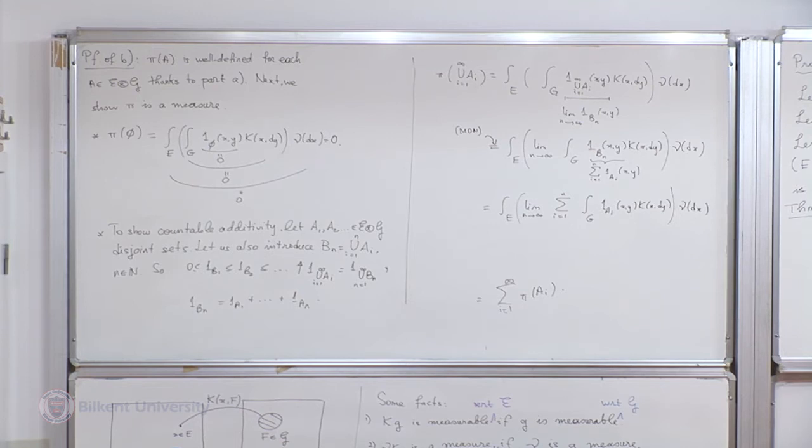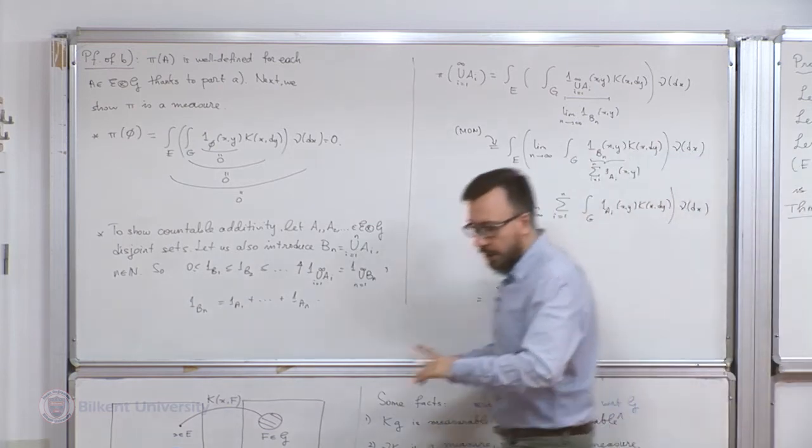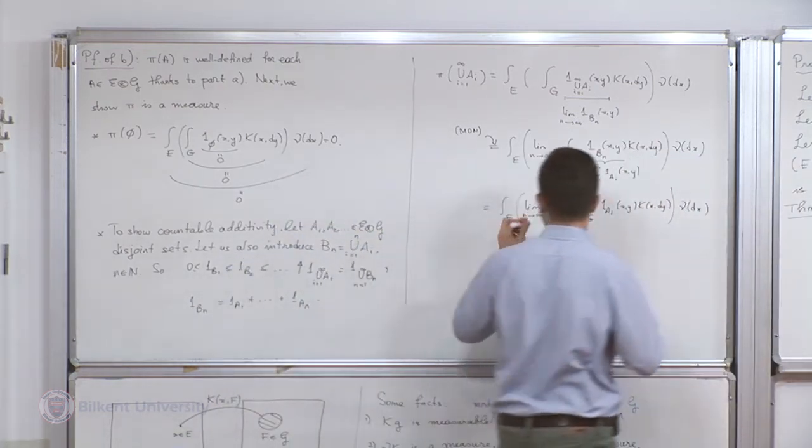Okay, so now what is this? Limit as n goes to infinity, i from 1 to n. What do we call it? It's a series from i = 1 to infinity, right? So this is the definition of an infinite sum, right?